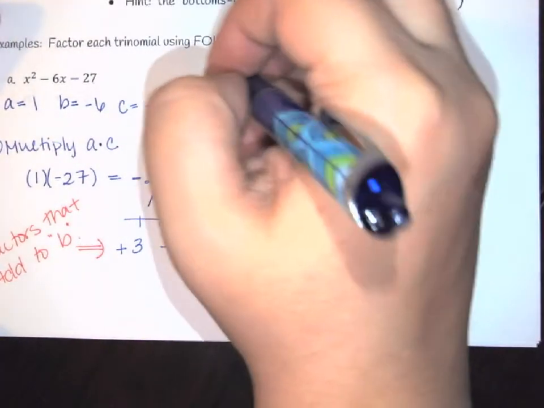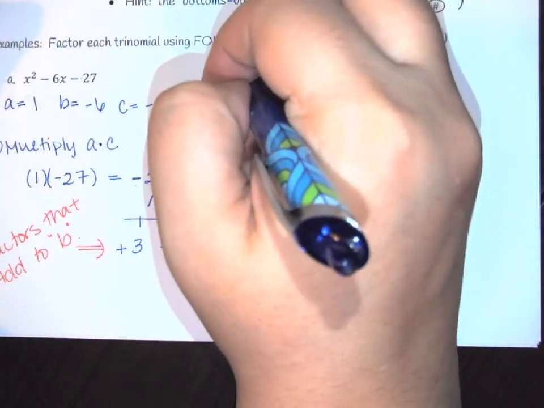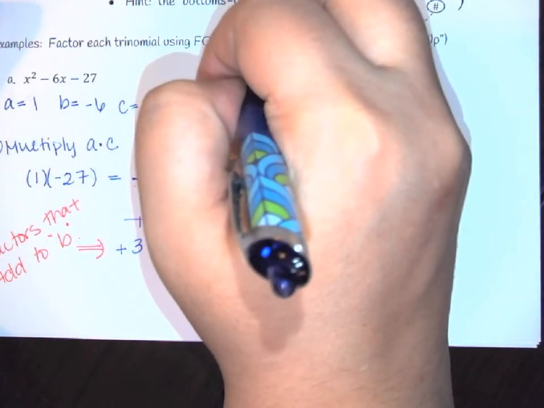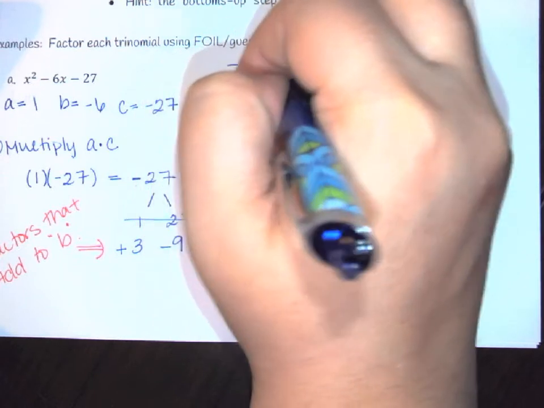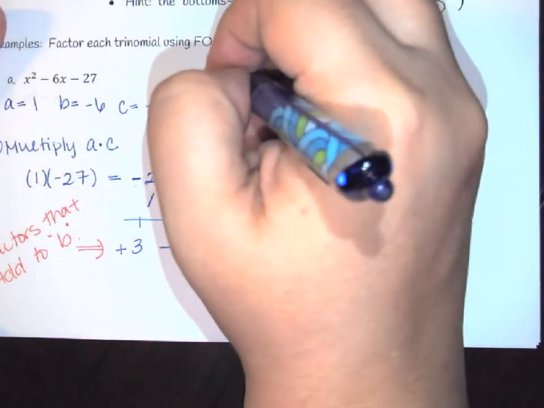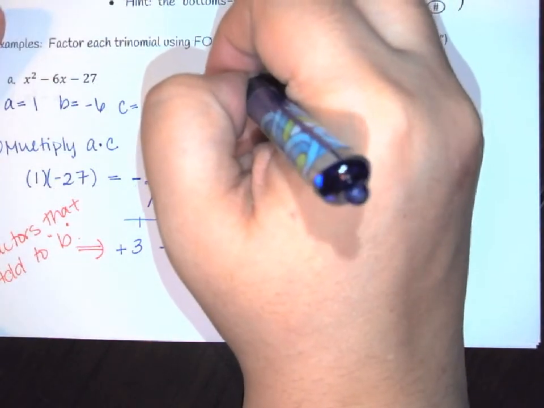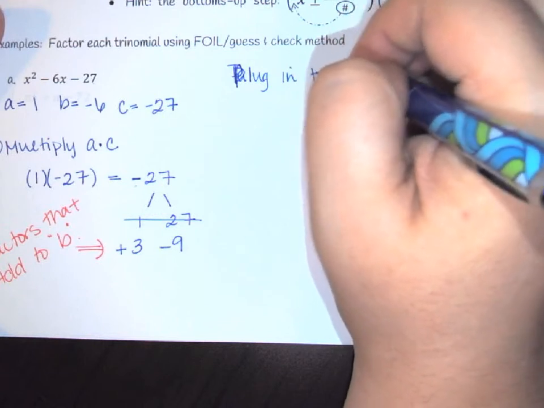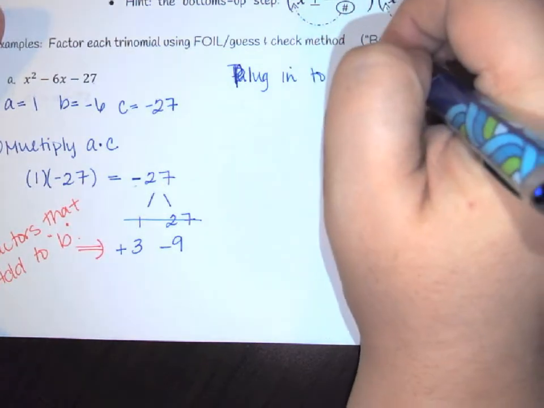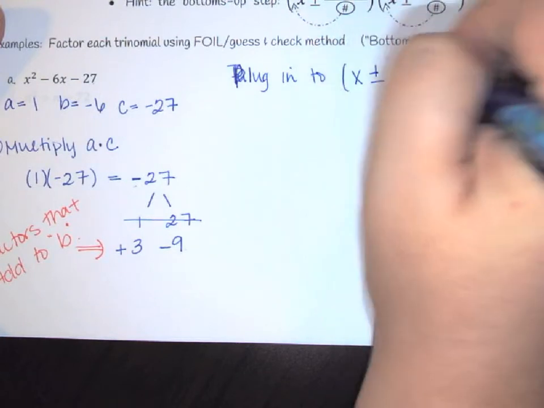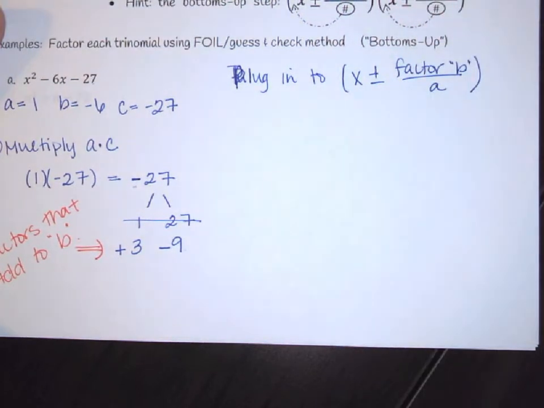Here we want to plug into the form x plus or minus your factor for the B term divided by A. That is the form we want to use.